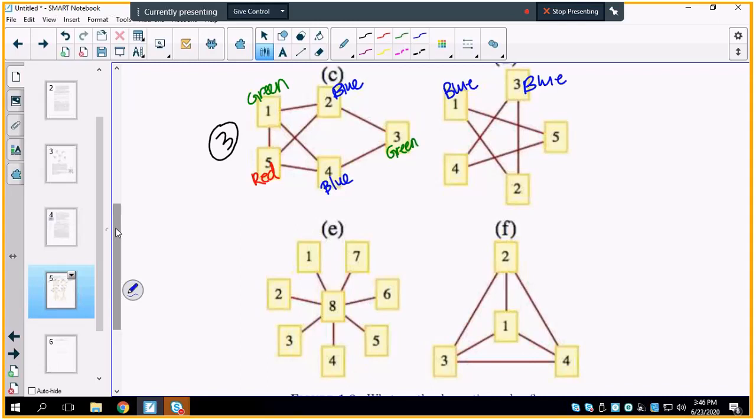Then vertex 3 is connected to vertex 4, so I'm going to need a different color for vertex 4. Let's say we choose red. Then vertex 4 is connected also to vertex 5, so it has to be a different color, but I don't see anything wrong with 2. I can make 2 red and 5 maybe green. So the chromatic number is 3.